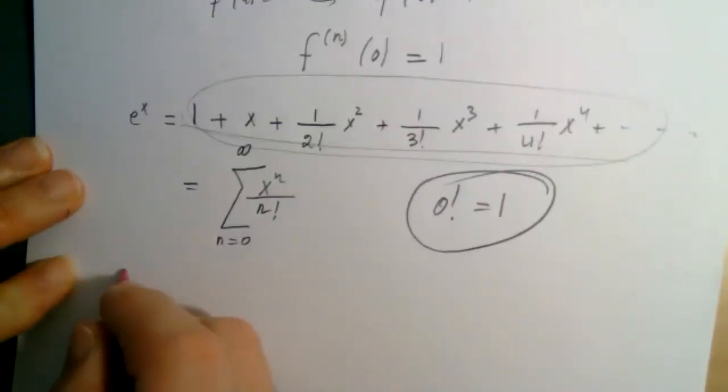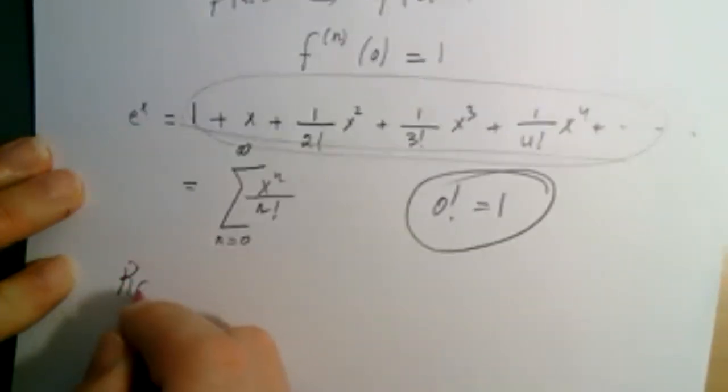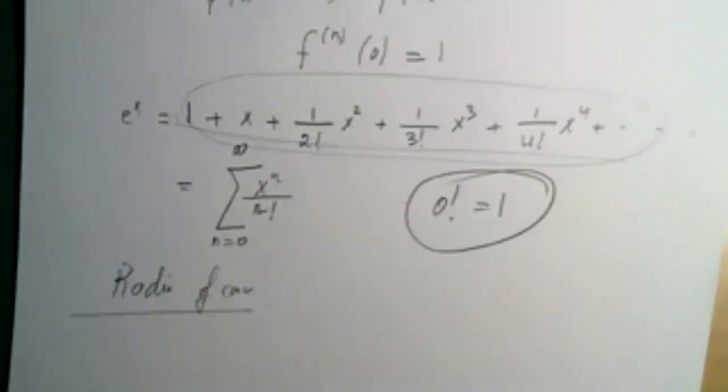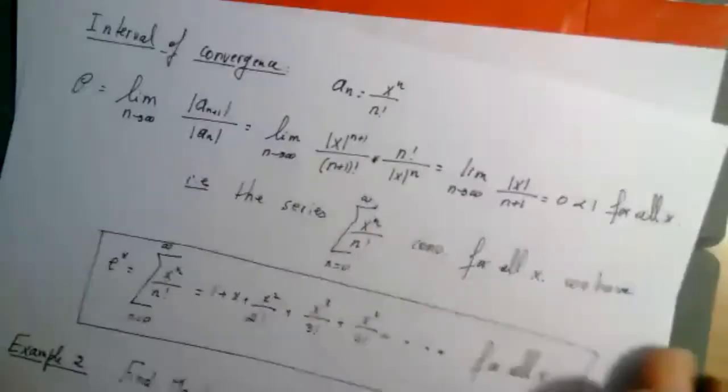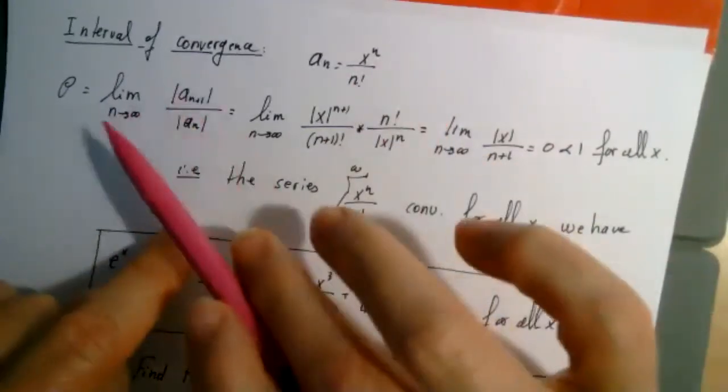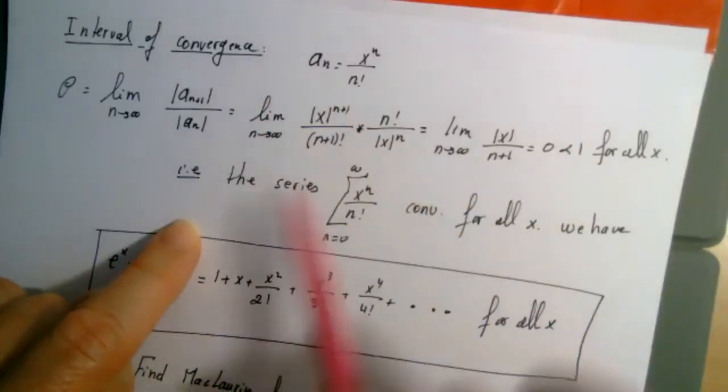So now convergence, radius of convergence. Okay, at this stage, I'm going to do what we've done every time. I'm going to pick up a_n and find it. a_n is x^n over n factorial. I'm going to compute the limit of the absolute value of a_(n+1) over a_n. I've done this several times.